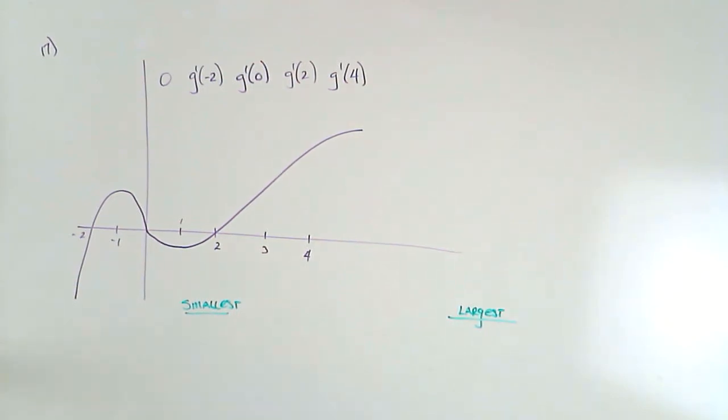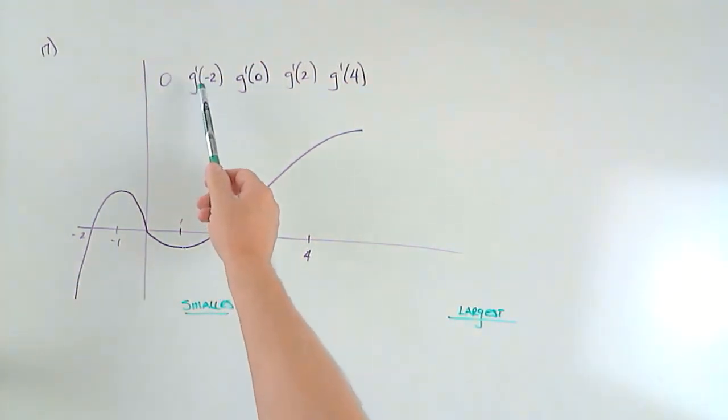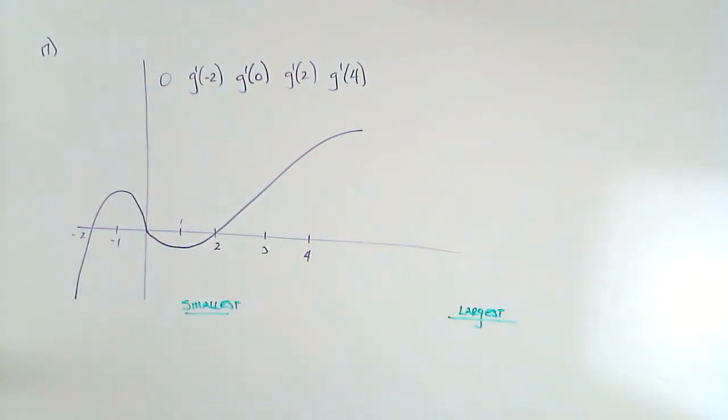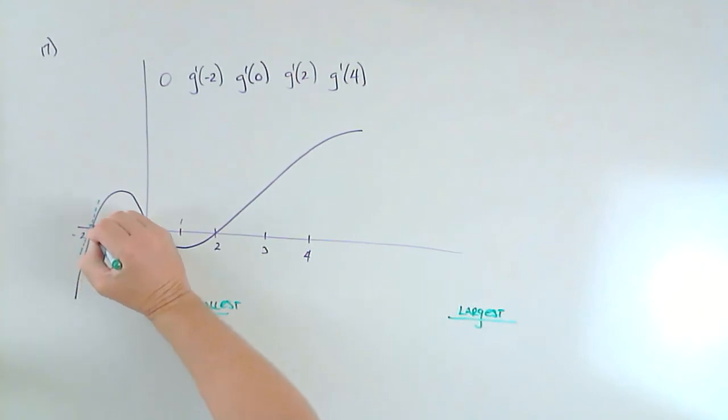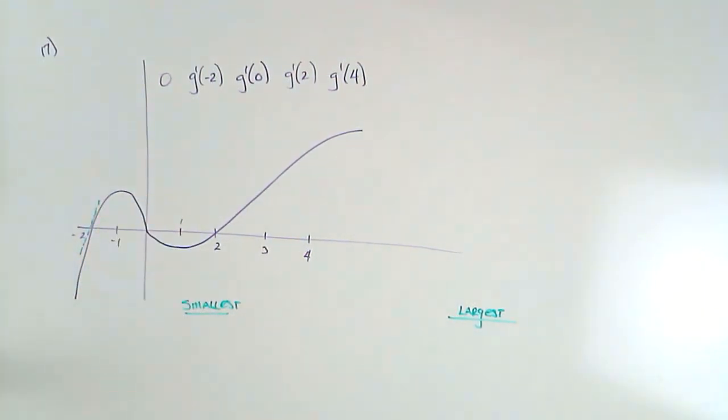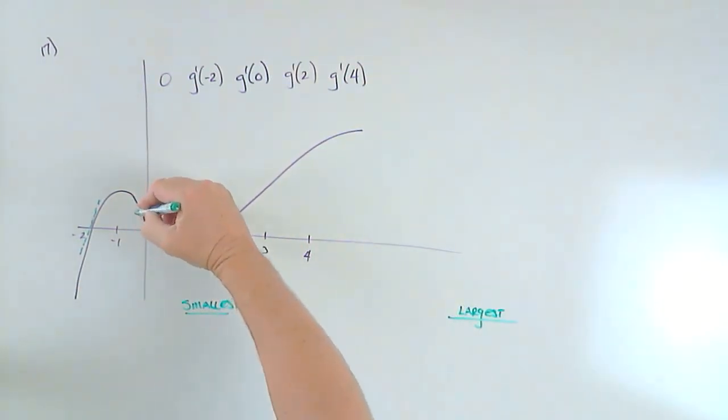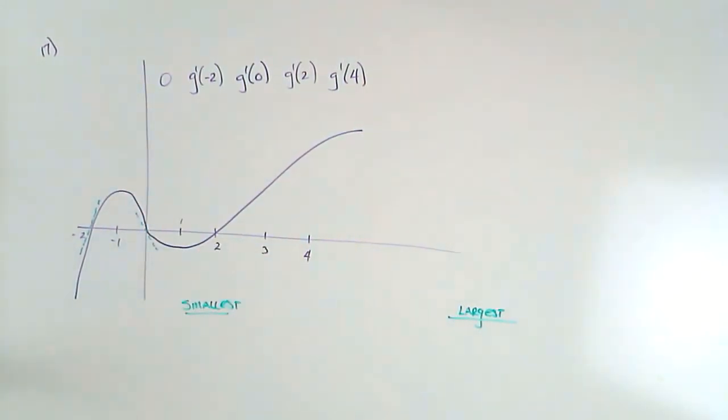So we're going to take a look. Now, what are they trying to get us to realize? They're trying to remind us that g prime is the slope of the tangent line. So right here, the slope of the tangent line looks like this. It's very steep and positive. At 0, the slope of the tangent line looks like that, right? That's negative. Goes down to the right, that's negative.